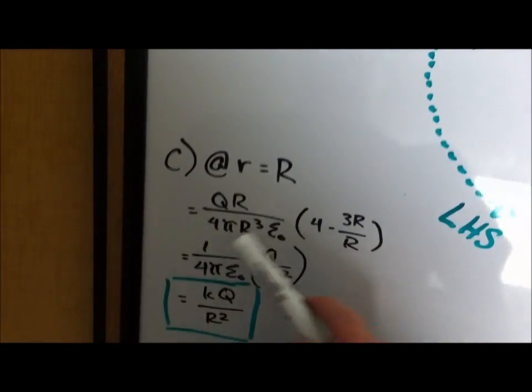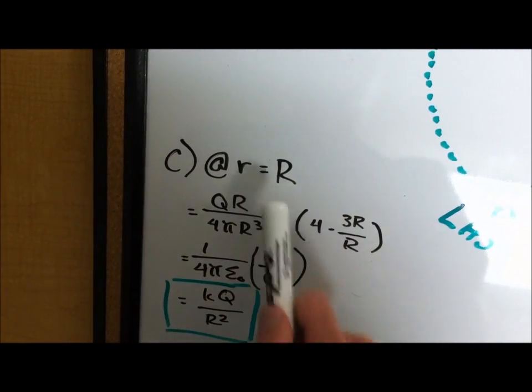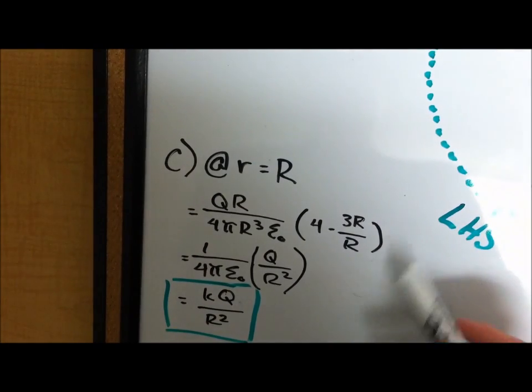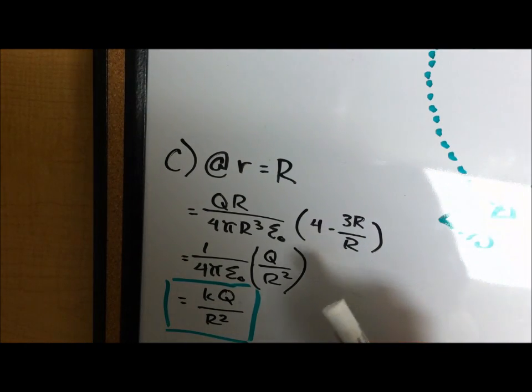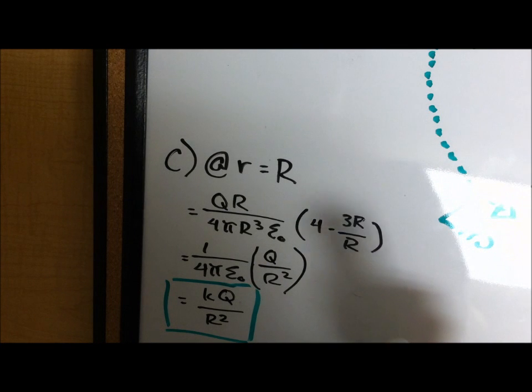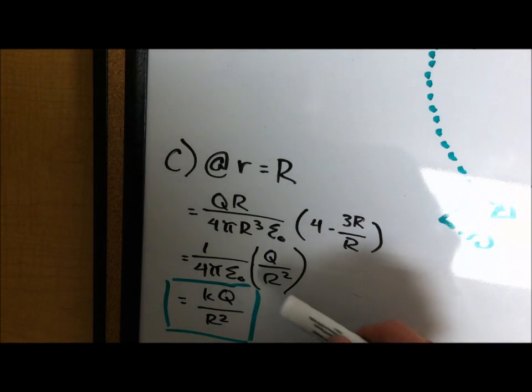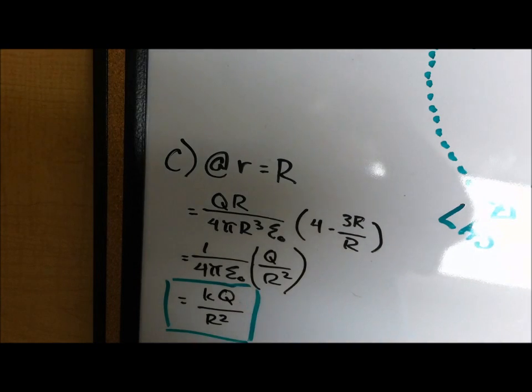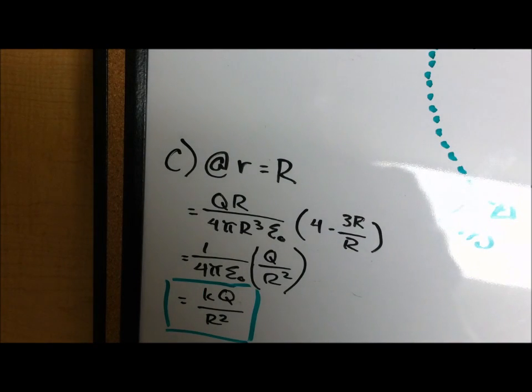So we're going to have the same formula right here, except now there's the big R there, not the little r. And simplifying out the canceling R's, we're left with an R squared on the bottom, and we have 1 over 4 pi epsilon naught. Well, that's familiar from the book, that we know is k.